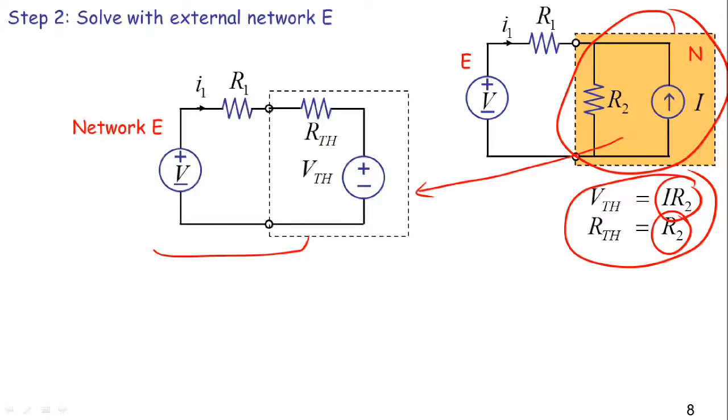At step 2, I now need to solve with the external network E applied to the Thevenin equivalent network that has replaced the original network N. This is again a very simple circuit, and recall all that I cared about was I1. Let me let you think for a couple of seconds about what the value of I1 is before I go and do it myself.